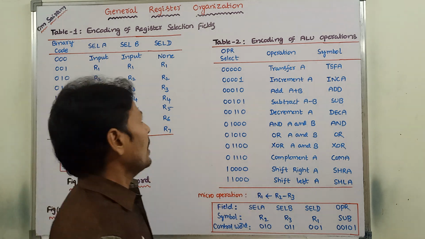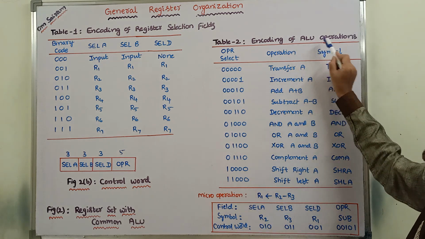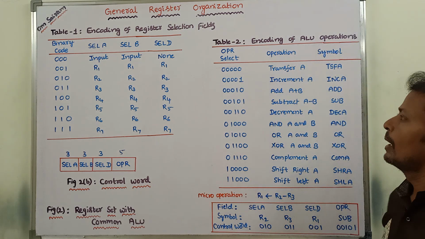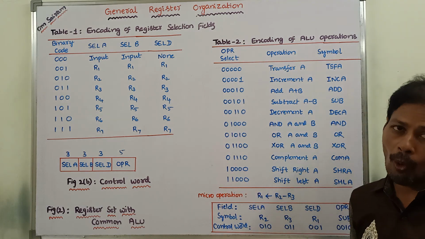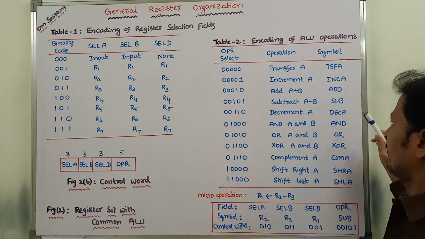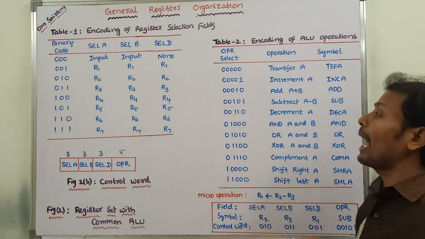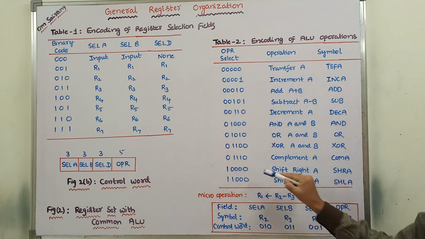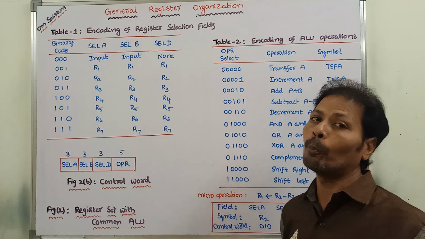Next one is Table 2, which shows the encoding of ALU operations. Here we are specifying only 11 micro operations. Which operation we have to perform among those 11 micro operations can be decided by the OPR field.